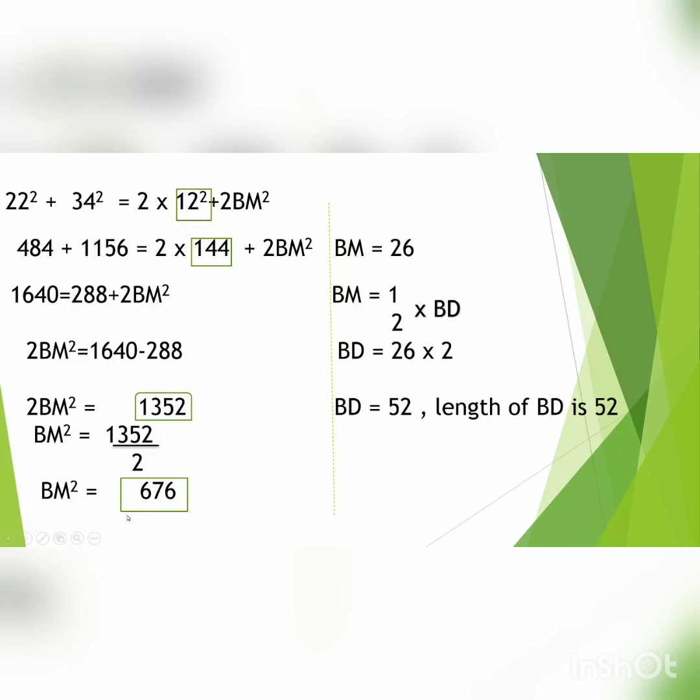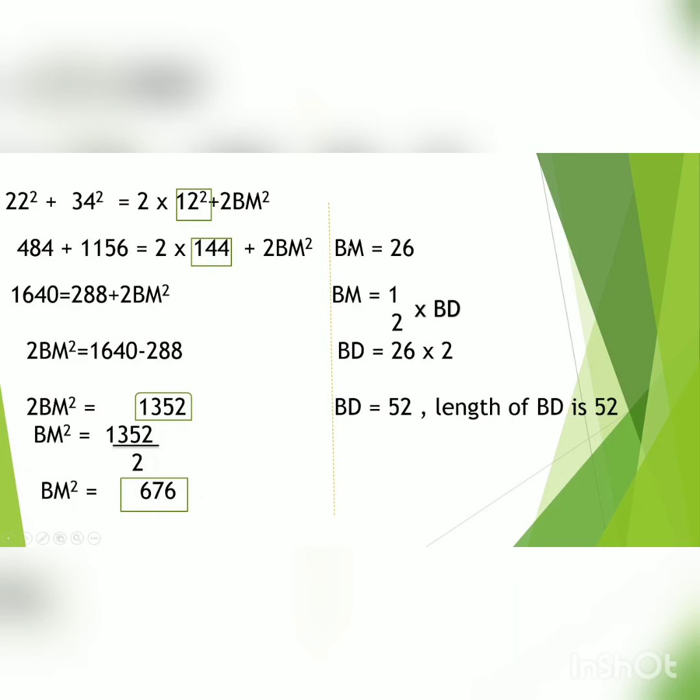So BM square is equal to 676. After taking square root on both sides, you get BM is equal to 26. Square root of 676 is 26. Therefore, BM is equal to 26.